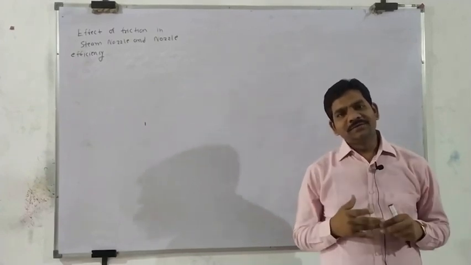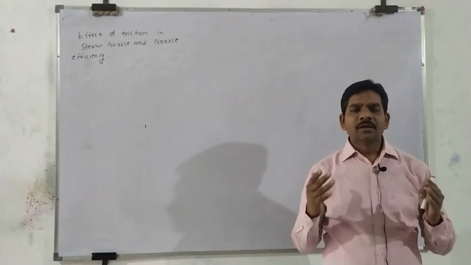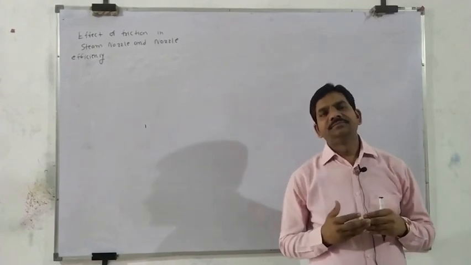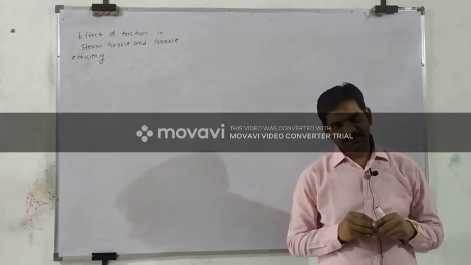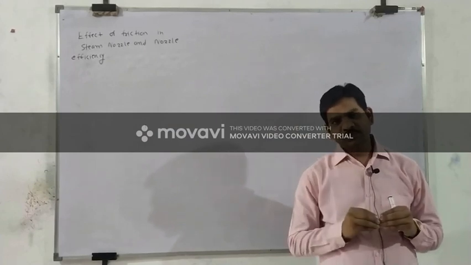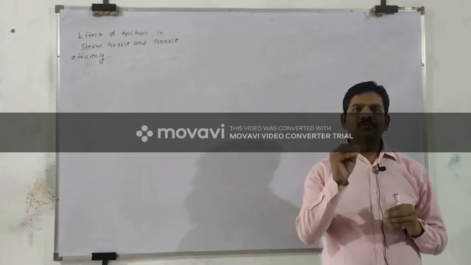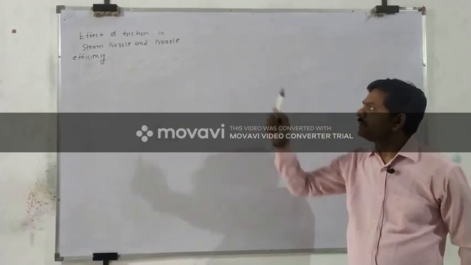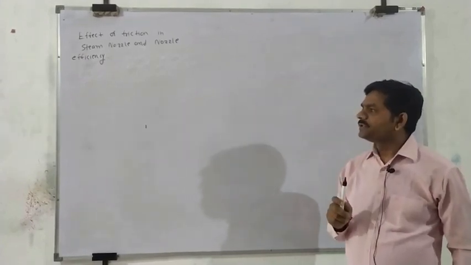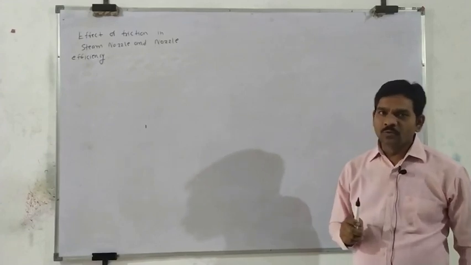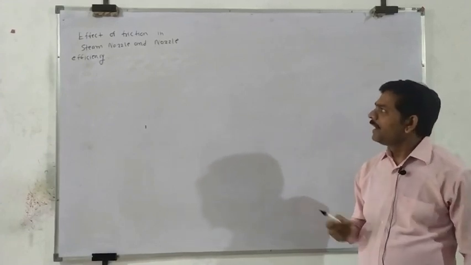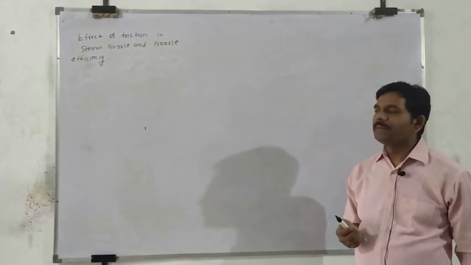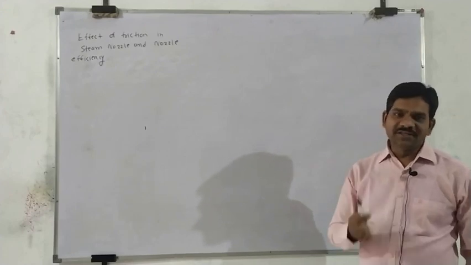And we know that whenever friction occurs, heat is generated. Yes or no? Yes. So, the same concept is used in this topic, effect of friction in steam nozzle. And another simple definition, nozzle efficiency.